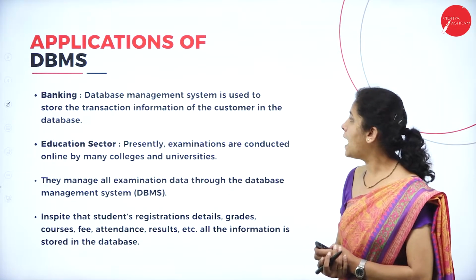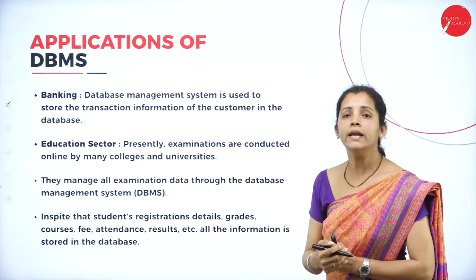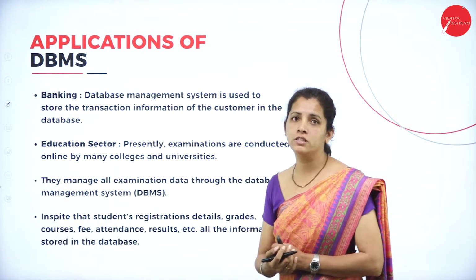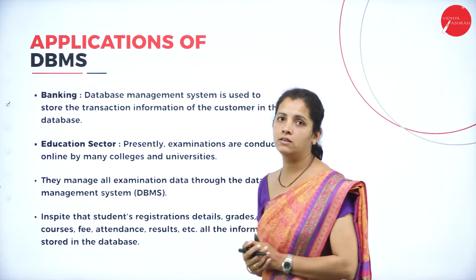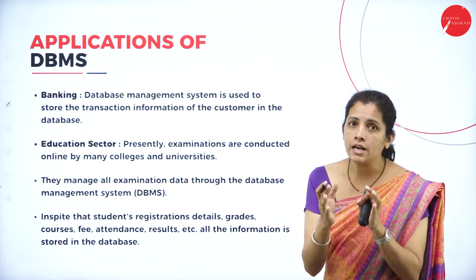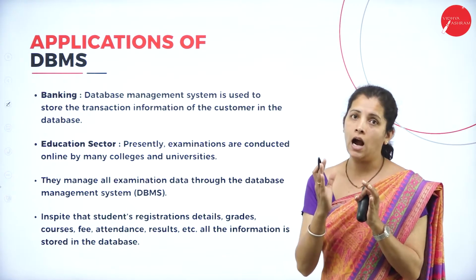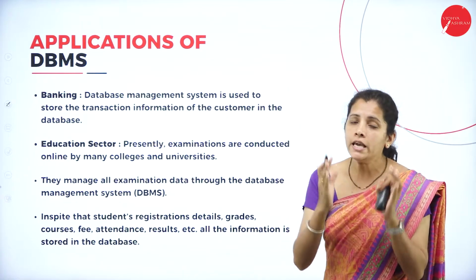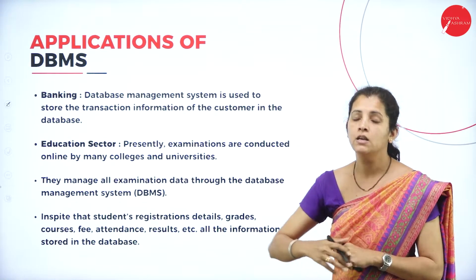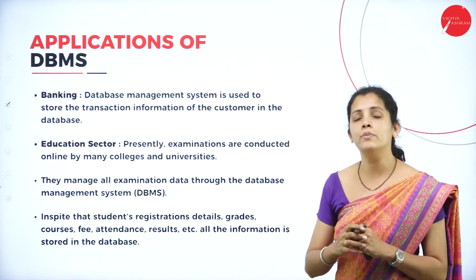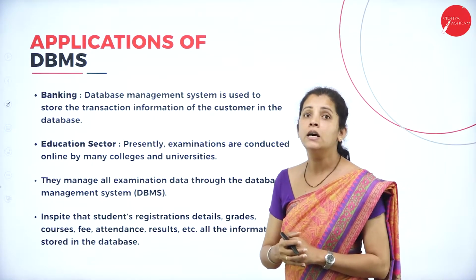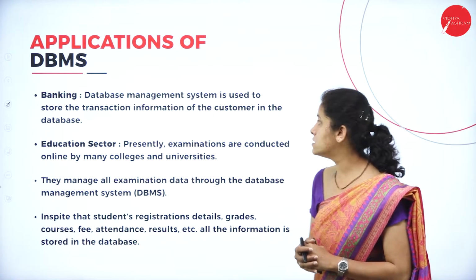Now I'm going to have banking. In banking also, we come across database management system. In a bank, all the transactions are carried out, and each bank will have plenty of customers. To store customer information and all the transaction details, we require database management system.